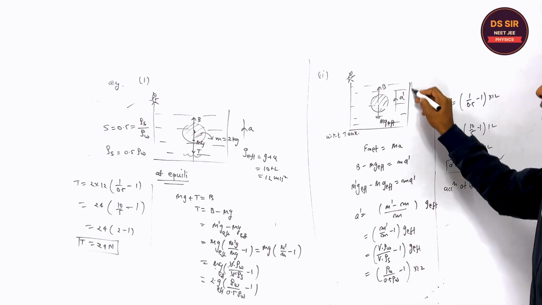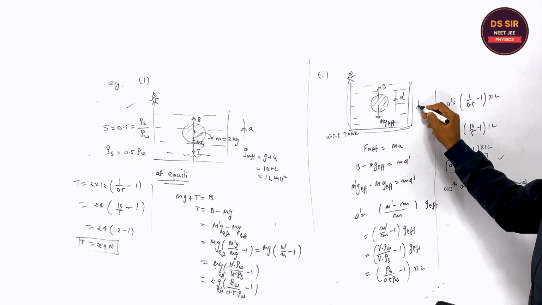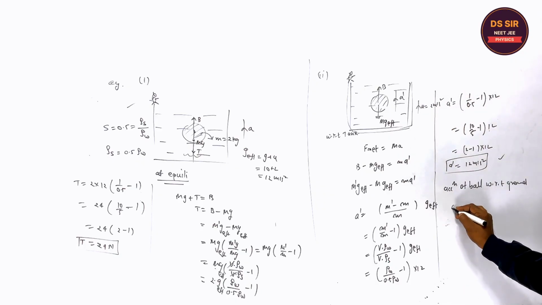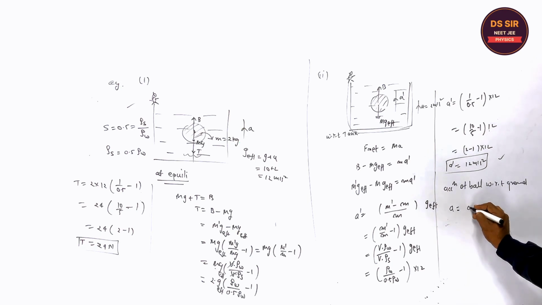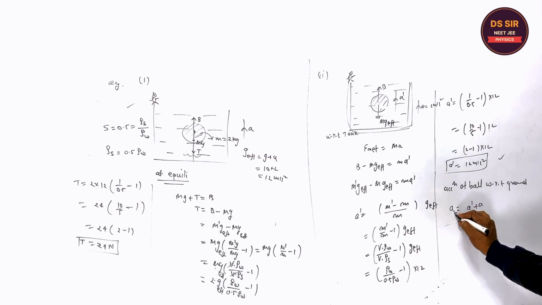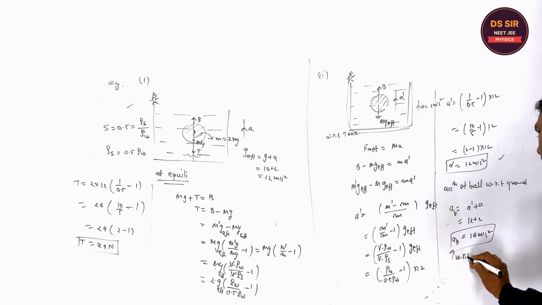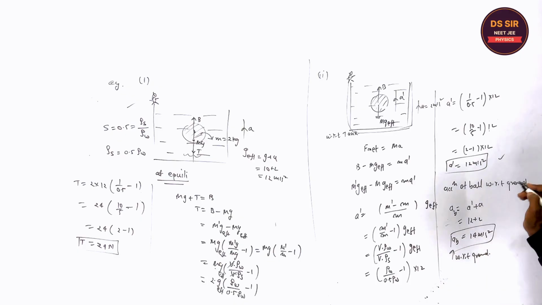And this tank is also itself moving with acceleration 2 meter per second square. So the acceleration of ball with respect to ground is equal to a dash plus a, which is 12 plus 2, equal to 14 meter per second square. So this is the acceleration with respect to ground, right?